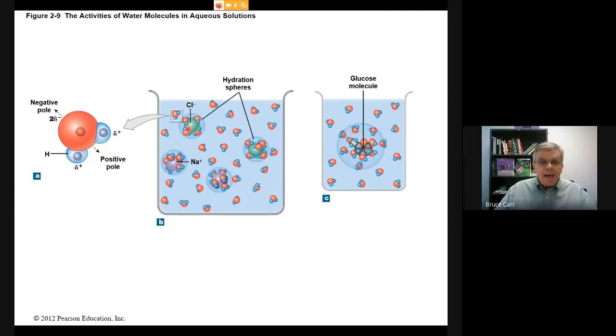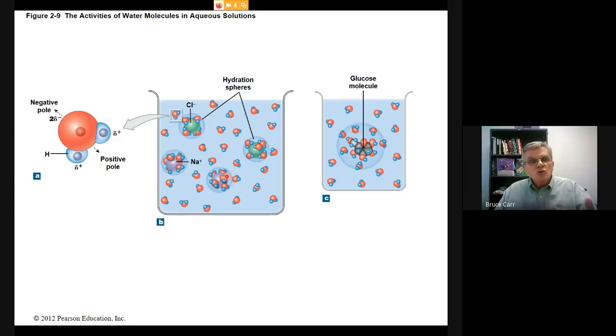So bam, bam, bam, the water molecules come pasting in against this molecule, and they literally kind of work their way between the sodium chloride and free the chloride ion. Likewise, the negative end of the oxygen end of the water molecule, bam, it's hitting the positive charged sodium. So it's surrounding these ions with what are called hydration spheres.